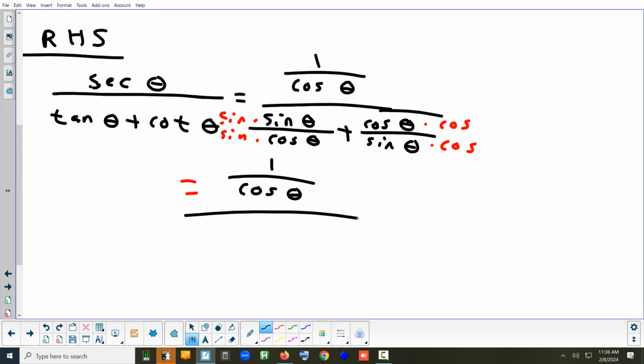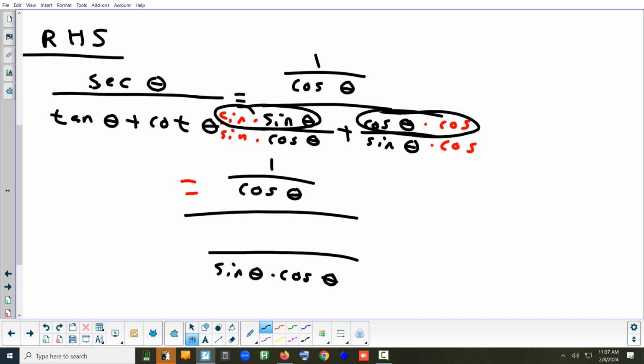At the bottom, when we combine everything, we'd have 1 on the top of that thing because we would have sine squared, this would be cosine squared, this would be sine squared, this would be plus cosine squared, and that's what you would put right there. Well, what's sine squared plus cosine squared? It would be 1. Yep. So that's what the bottom turns into.